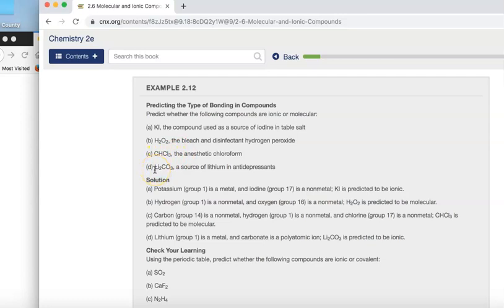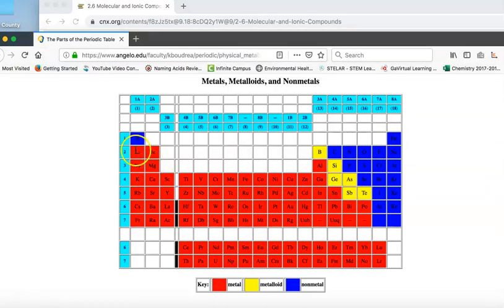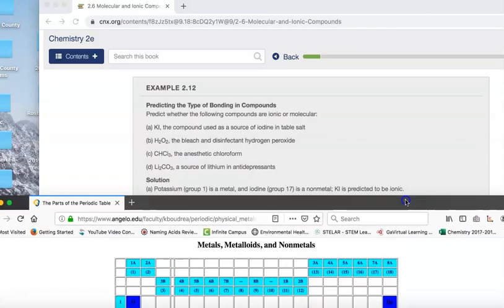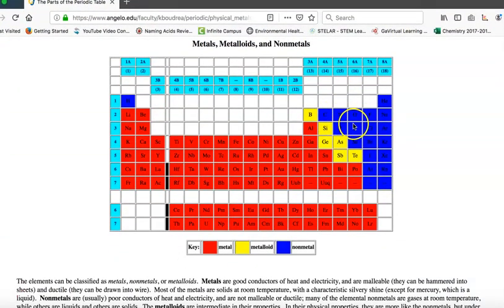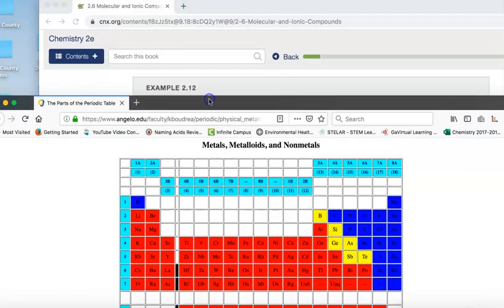Part D, you have lithium, carbon, and oxygen. Looking at my periodic table, lithium is a metal, oxygen is a nonmetal, and carbon is a nonmetal too. Because you have one metal and two nonmetals, it's going to be an ionic compound.